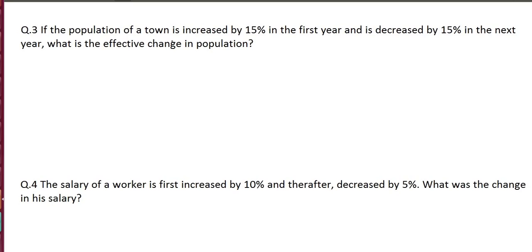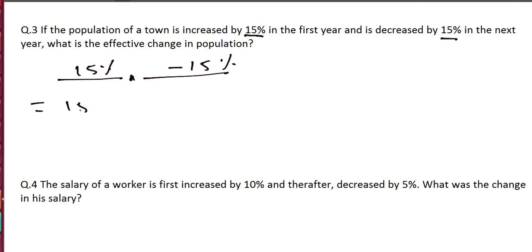If the population of a town is increased by 15% in the first year and is decreased by 15% in the next year, what is the effective change in the population? In the first year the population is increased by 15%, and then it is decreased by 15%. Again I can use the successive percentage change formula here. So it is equal to 15 minus 15, because decreased, minus 15 into 15 divided by 100.